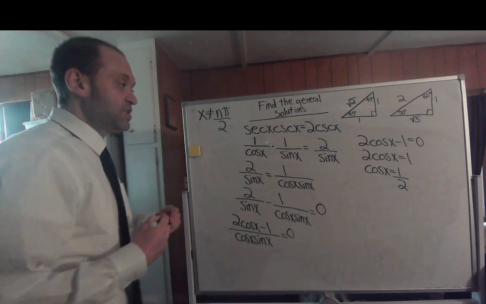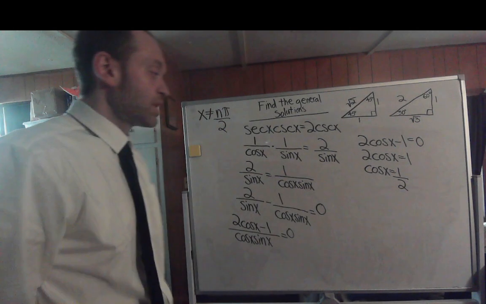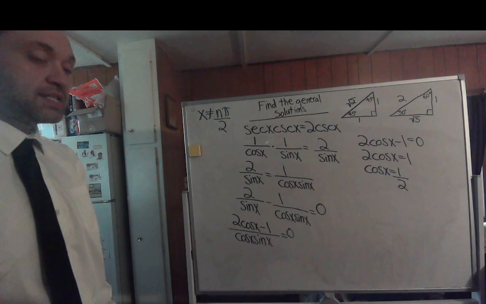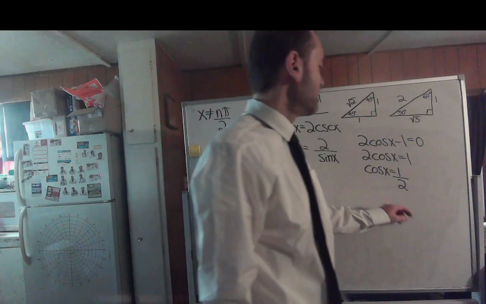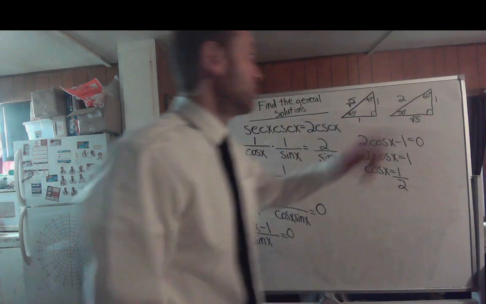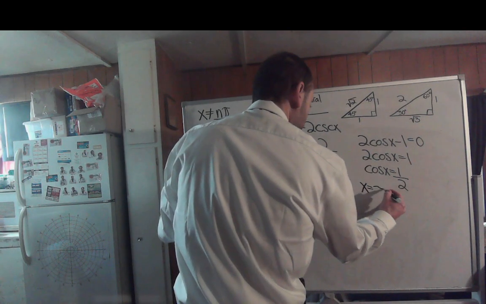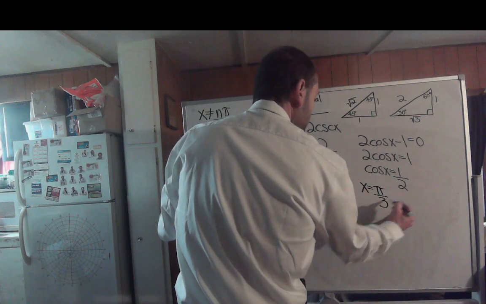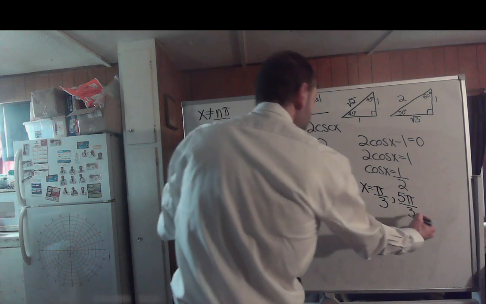Now we're only concerned with where the cosine is positive. The cosine is positive in the first and fourth quadrants. So the cosine of 60 gives you 1/2. So that would mean that x equals pi over 3, and then again at 5 pi over 3 for the fourth quadrant.